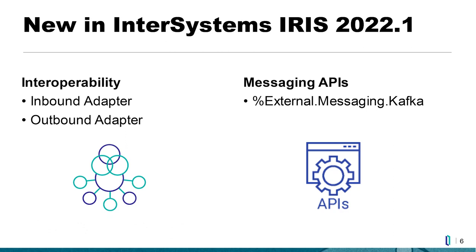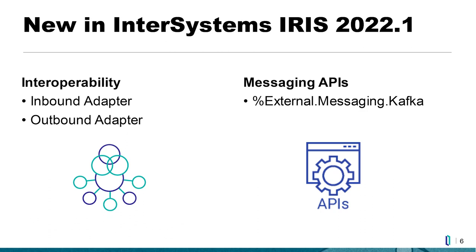So let's talk about what's new with InterSystems IRIS 2022.1. In 2022.1, we've incorporated Kafka in two important ways. We've added Kafka adapters to the interoperability component of IRIS, which is a low-code workflow engine.